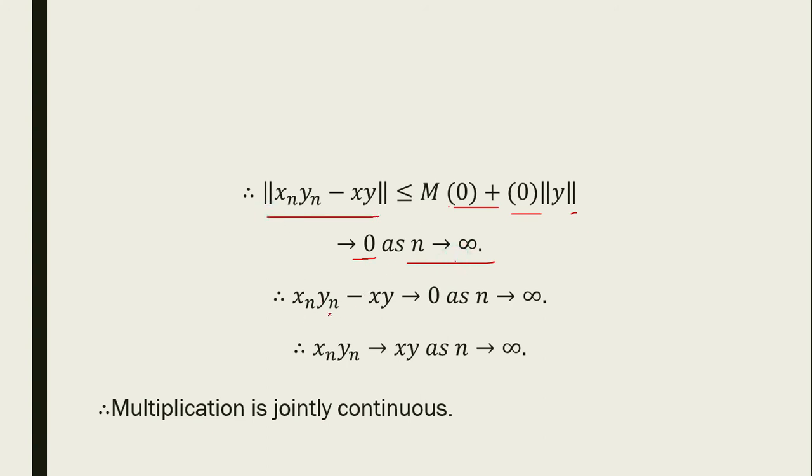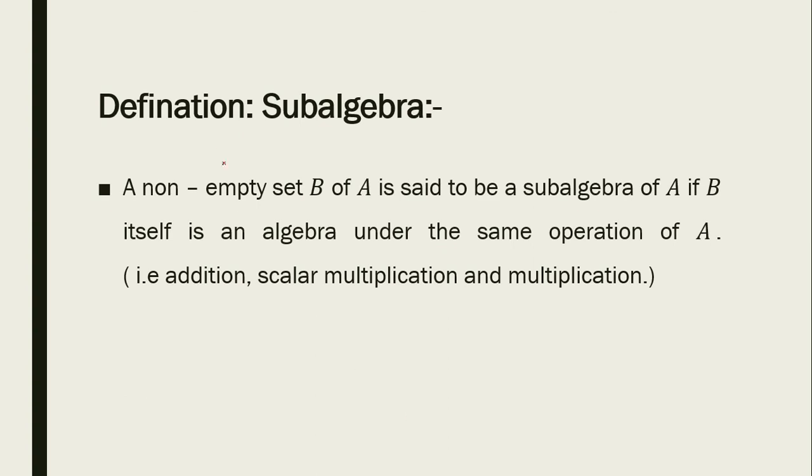So xn yn minus xy tends to 0 as n tends to infinity. So xn yn tends to xy as n tends to infinity. So we can say that multiplication is jointly continuous.